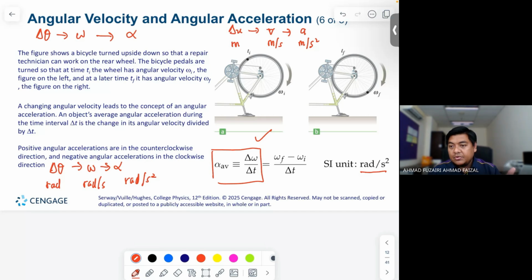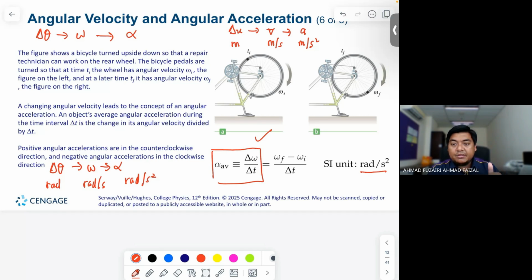You need to know that degree, darjah, cannot be compared directly to radian, because there is a conversion between degree to radian and radian to degree. And if you want to discuss delta theta that is related to the circular arc, then you have delta theta from the words angular displacement.